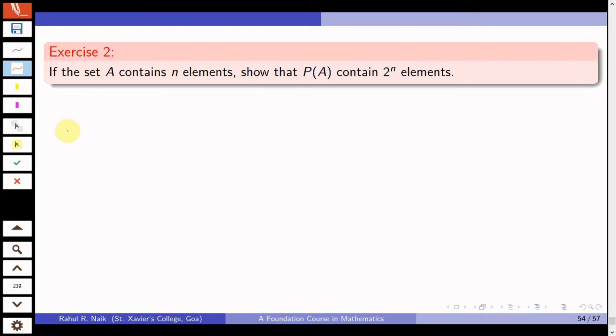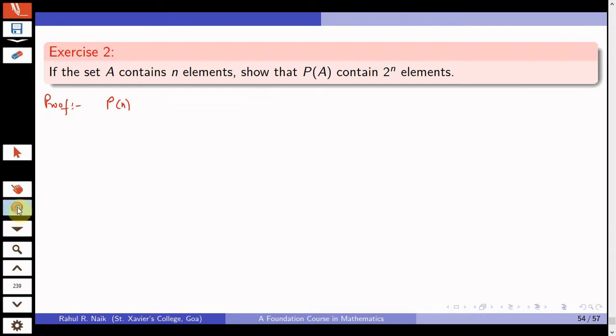To start with the principle of mathematical induction, we should have a statement in terms of n. So, what is the statement that you have? For the proof, I would consider it as P of n. But if this clashes with the notation of a power set, I would use some other notation. I'll take it as S of n.